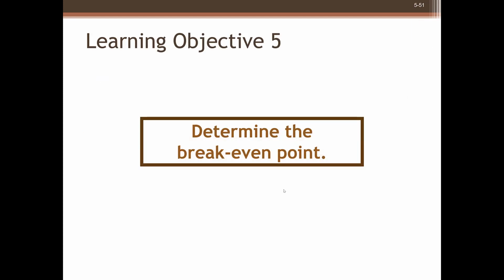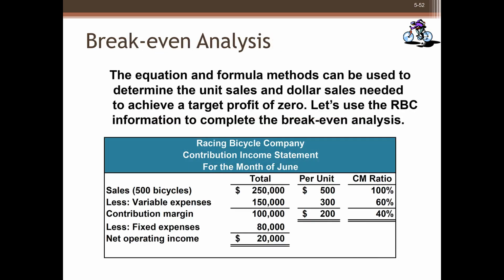Now we can take a look at learning objective 5. Determine the break-even point. We can also use two methods, equation method and formula method. Keep in mind, break-even point is profit equals 0. Let's take a look at the RBC contribution income statement, and all the basic information is the same.